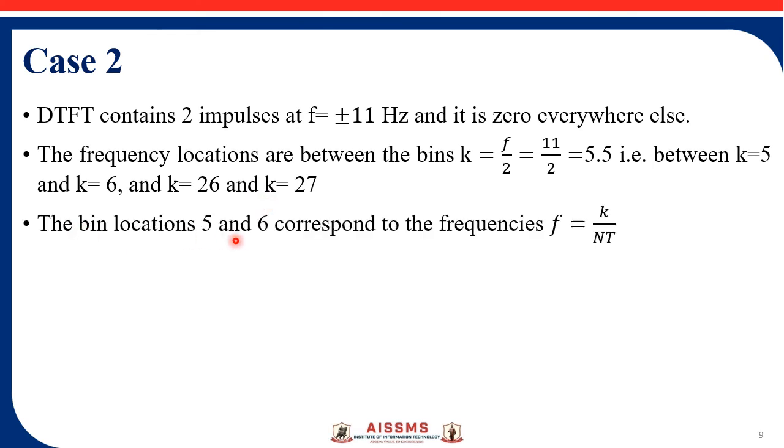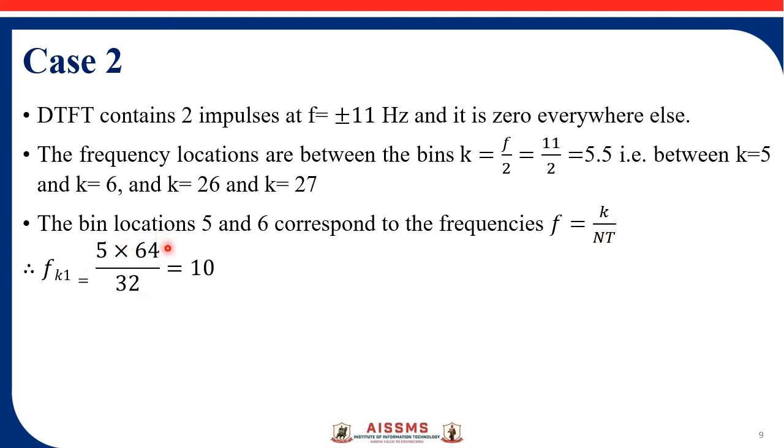The bin locations 5 and 6 correspond to the frequencies. Now we consider frequency equal to k upon NT, as in the previous slide we have seen this formula. If I consider k equal to 5, I substitute k equal to 5 upon N is 32 and T is 1 upon 64.